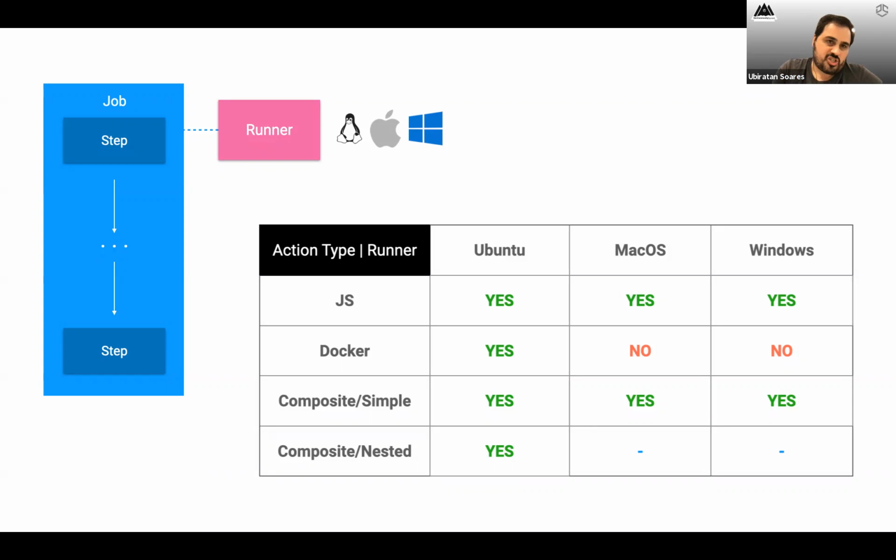And it's just a machine with the GitHub runner agent installed there. Such an agent can be installed, for instance, on a macOS machine, a Linux machine, or a Windows machine. But although you can install the software on the three major operating systems that we have, not every runner can run every GitHub action, right?